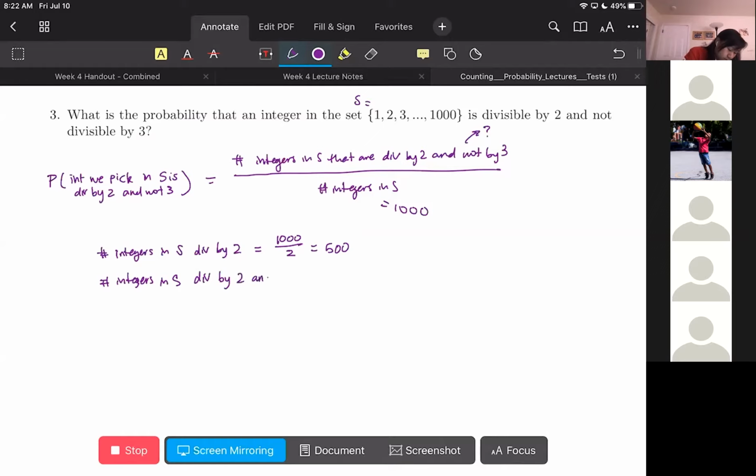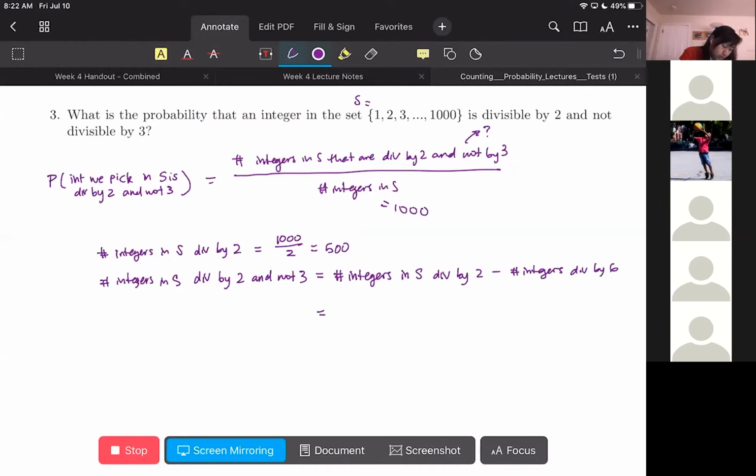that are divisible by 2 and not 3, that's the same as the number of integers in S that are divisible by 2 minus the number of integers divisible by 6, right?